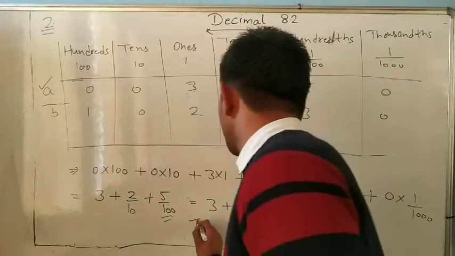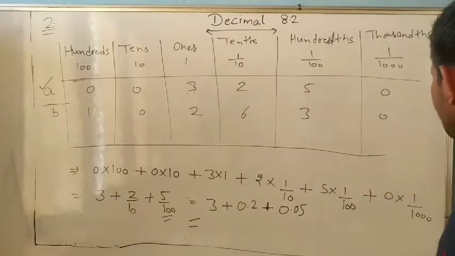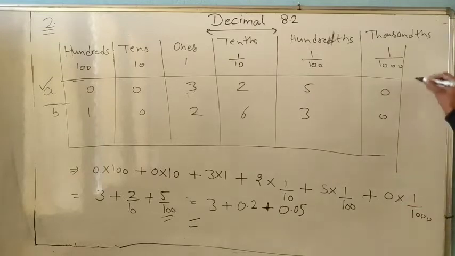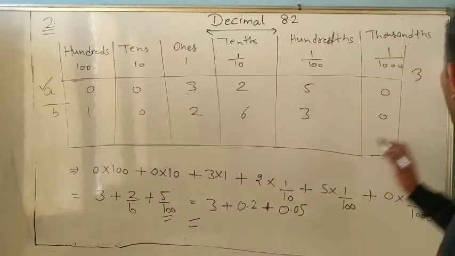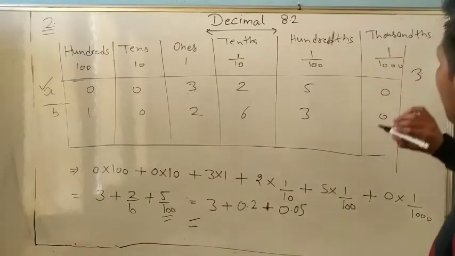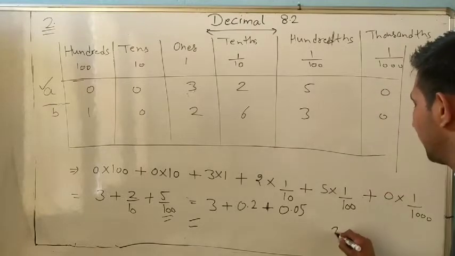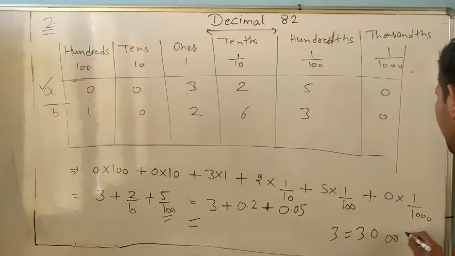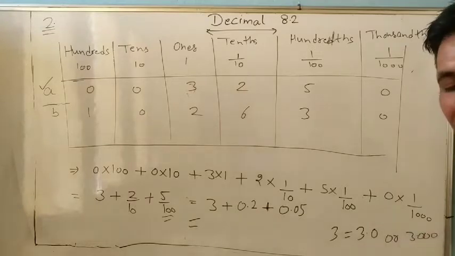Now you can add. And how will we add? Everyone knows. If you don't know, you can add in rough like this. 3 plus 0.2 always. So 3, what can you write? If it is 3 you can write 3.0 or 3.000, any.